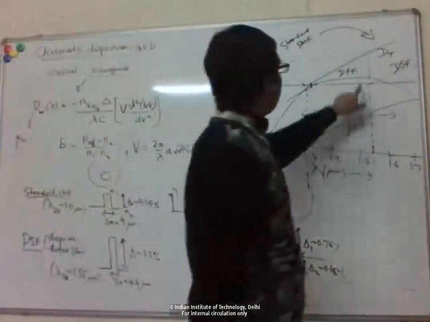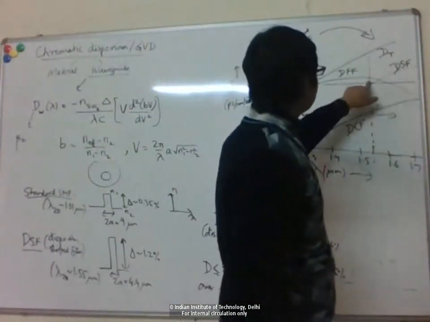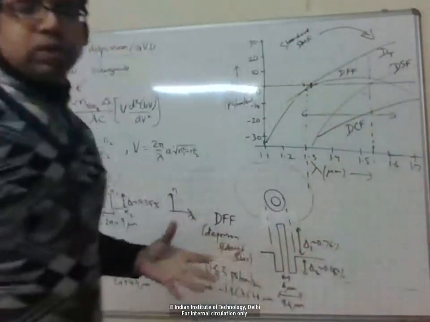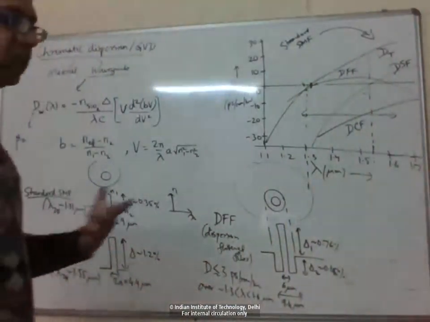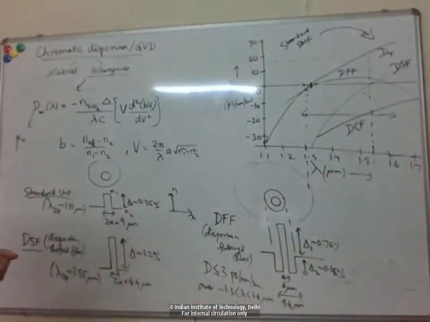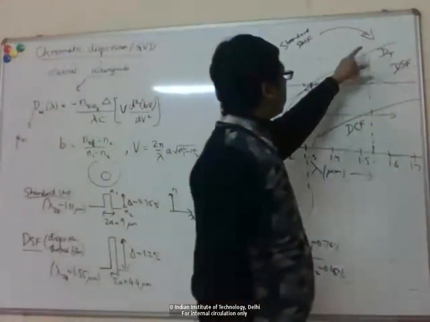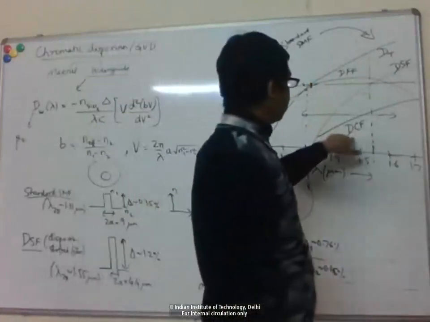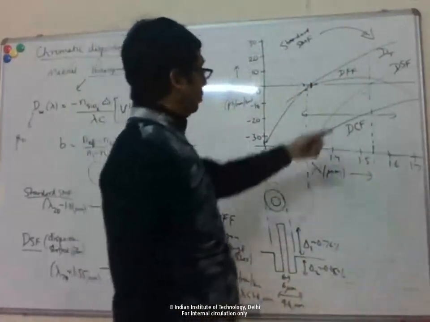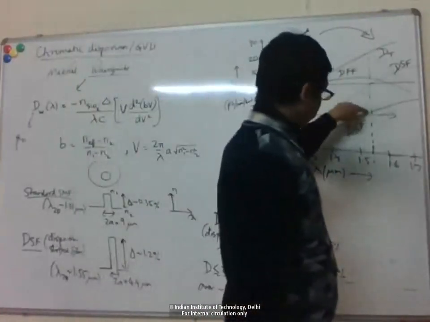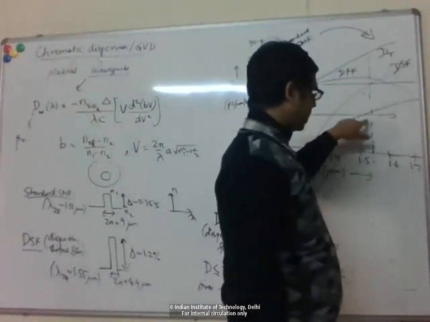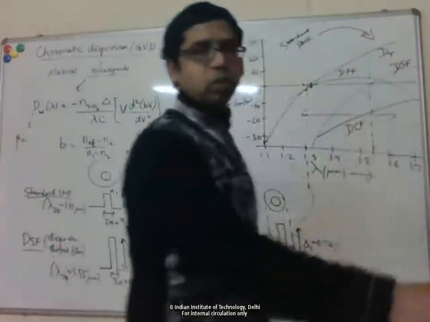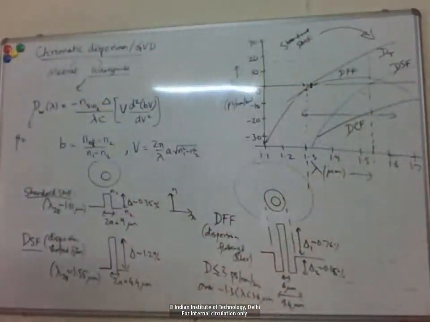So for example, let's say at 1.55 micron, your standard SMF has positive dispersion here, right? And we saw that the broadening goes as the dispersion coefficient times the length, right? So you can calculate what this D times L is, and then lay down a dispersion compensating fiber just before your receiver, which has opposite dispersion, and you can calculate what length of dispersion compensating fiber you need such that D1 L1 plus D2 L2 is 0, so that the total broadening is compensated.